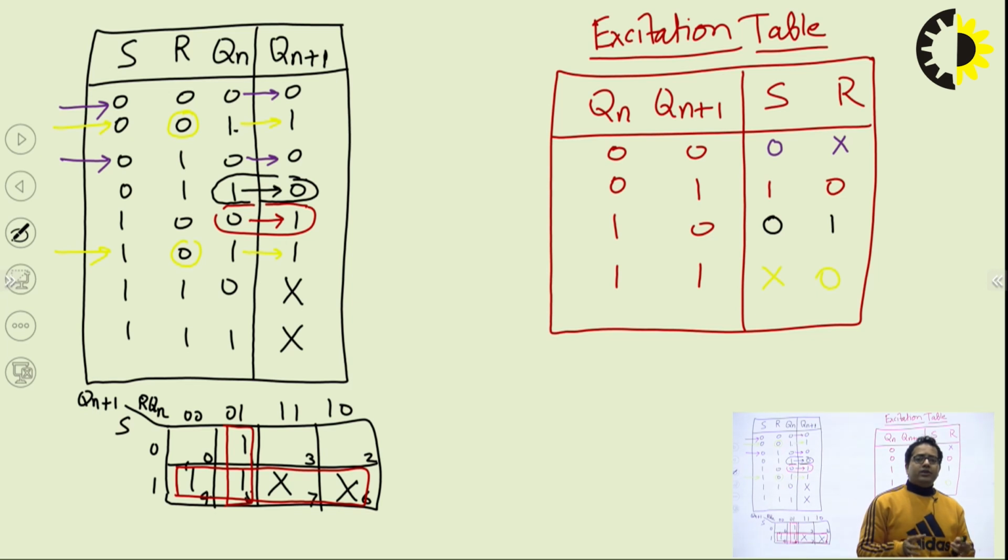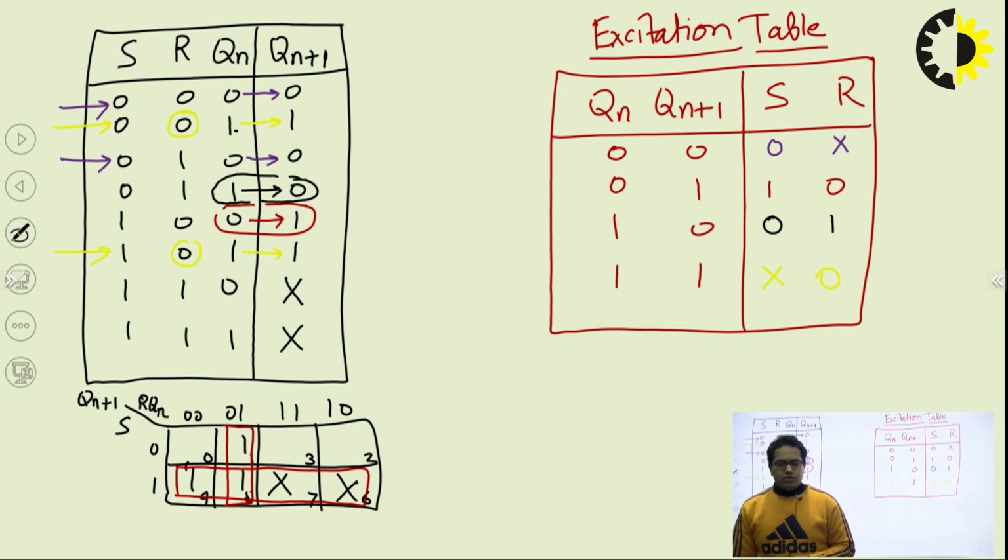So keep this point in mind. We know the output, and based on the output, we have to find the inputs. The outputs are Qn and Qn plus 1. So you draw the excitation table by keeping Qn and Qn plus 1 on this side, and you draw the inputs for those values. That is the excitation table.